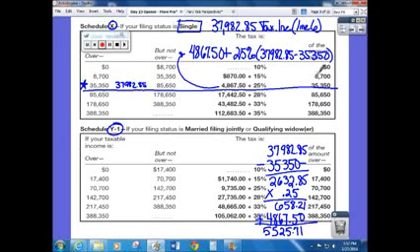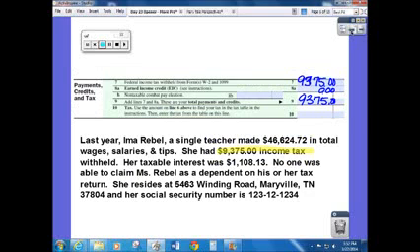At this point, we just use our order of operations to solve the equation. We do our parentheses first, we do our multiplication next, and then we do our addition last. If we do that, it solves for $5,525.71. So let's enter that on line 10 of our tax return.